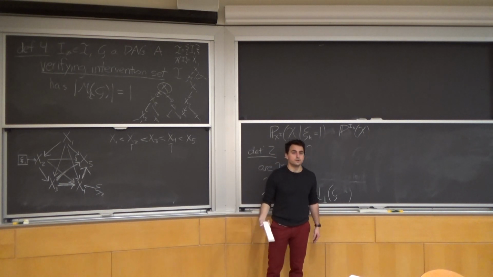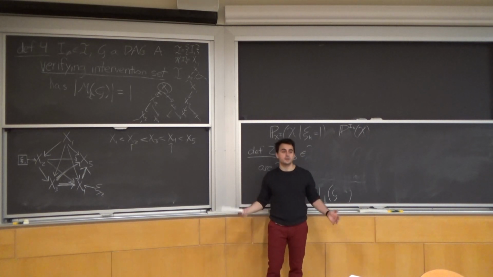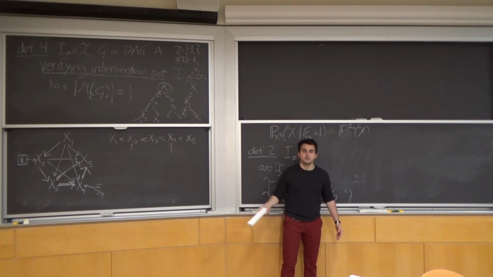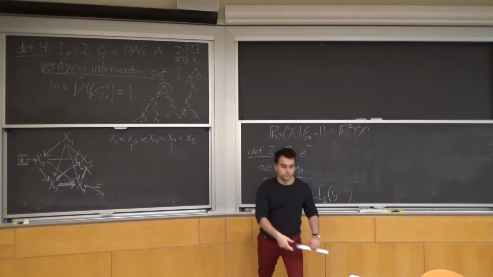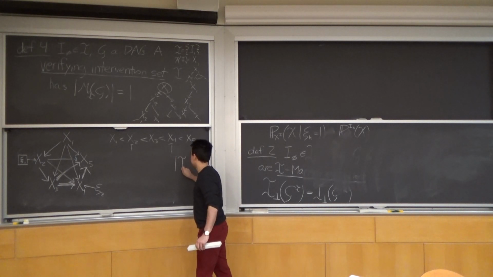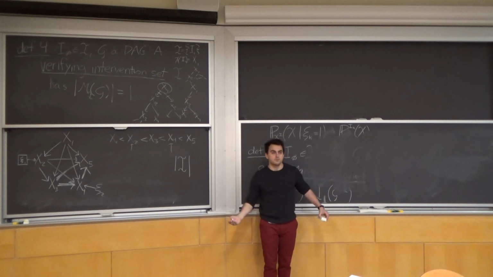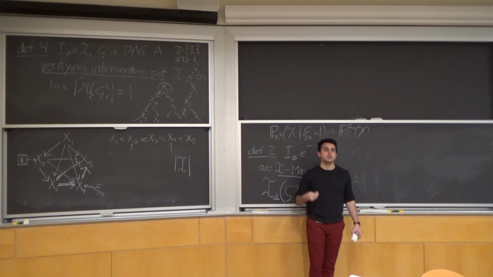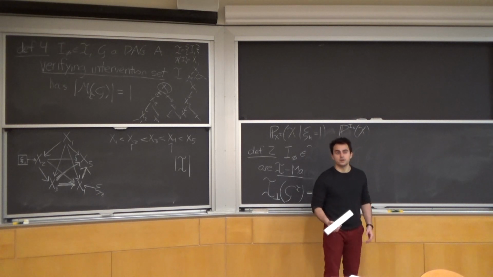We can also consider ones that do interventions on multiple nodes, and then if we're looking at the size of this set I, you could expect we just have more flexibility, so we can actually get smaller, and it can be a pretty big difference.